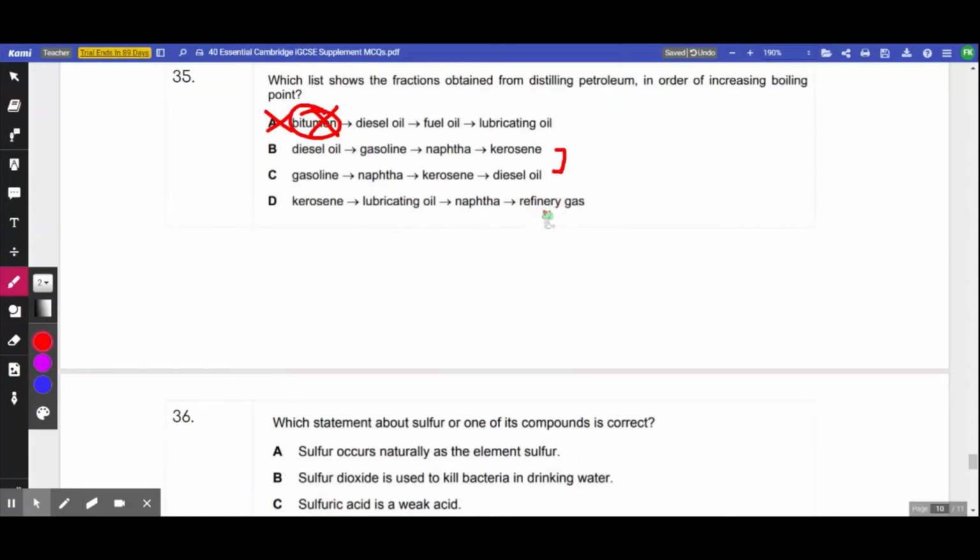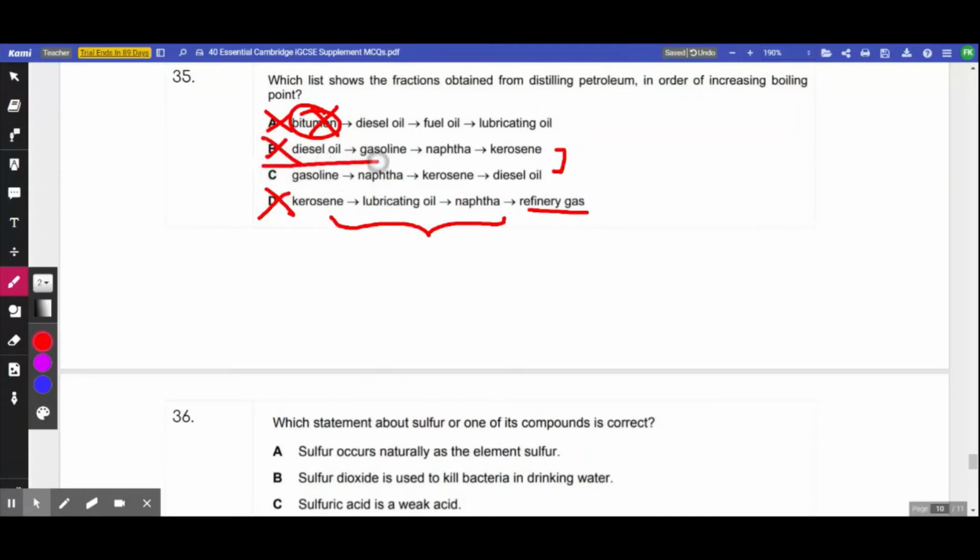Now, refinery gas may actually be tempting to select, particularly if you were not aware of the order of the other fractions going from the top of the fractionating tower to the bottom. But in actual fact, kerosene, lubricating oil, and naphtha are not in the right order, and nor is diesel oil, gasoline, naphtha, and kerosene.